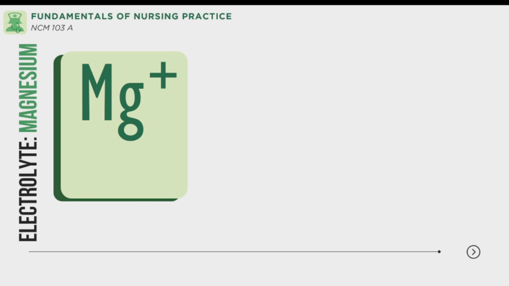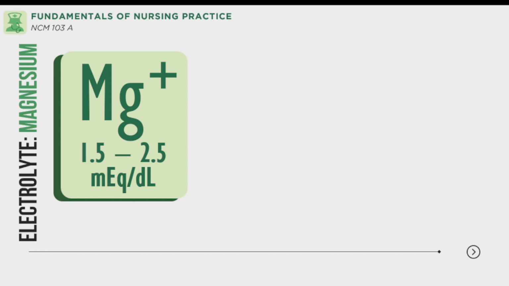Hormonal factors such as your parathyroid hormone and your vitamin D also influence magnesium levels by affecting its absorption and excretion. Your normal value for magnesium is 1.5 to 2.5 milliequivalents per deciliter.